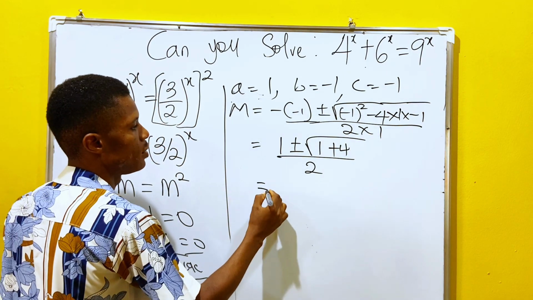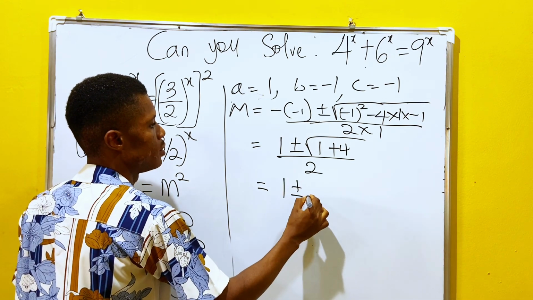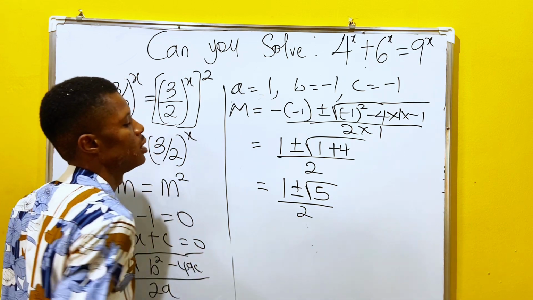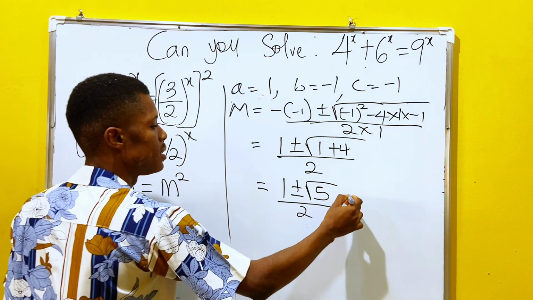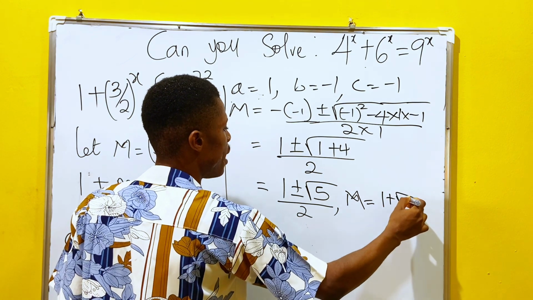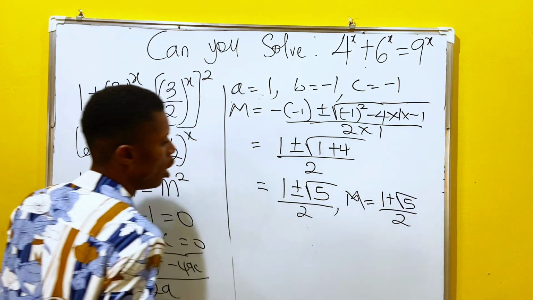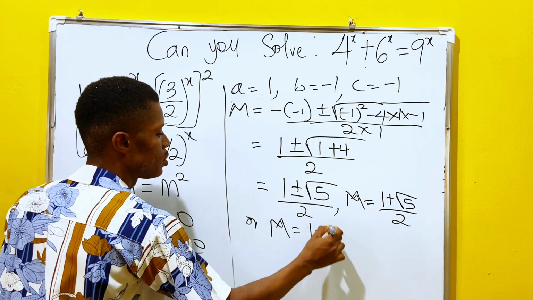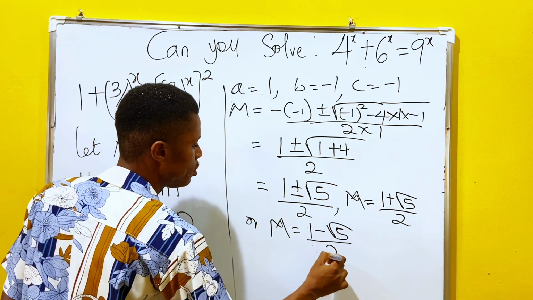That will still give you 1 plus or minus square root of 5 divided by 2. This shows that m is equals to 1 plus the square root of 5 over 2, or we say that m is equal to 1 minus square root of 5 over 2.